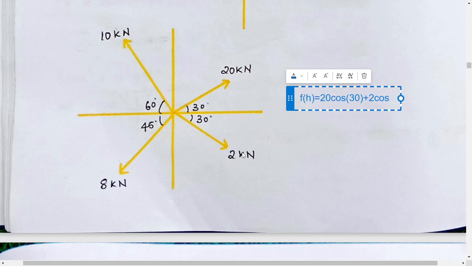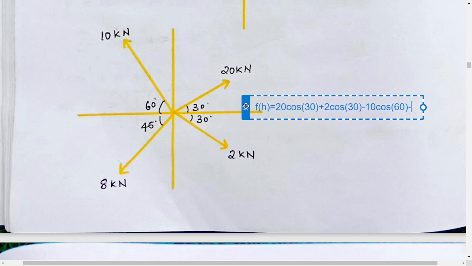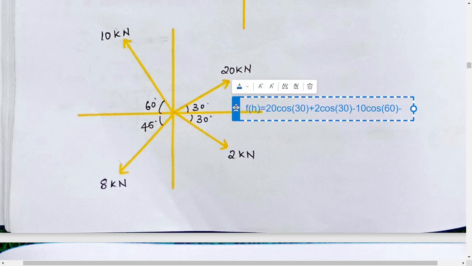Why care about that now? 20 cos 30, then we have minus in these two directions, so we should put minus 10 cos 60, then minus 8 cos 45.